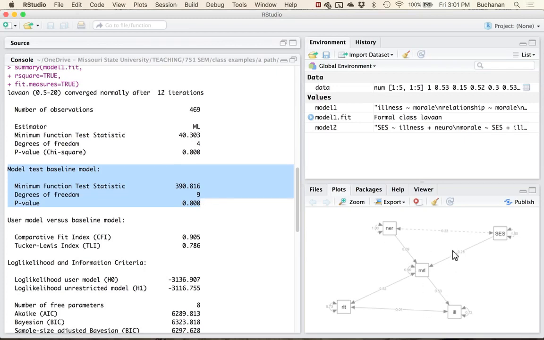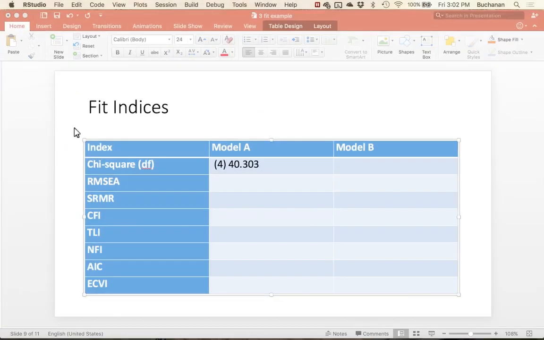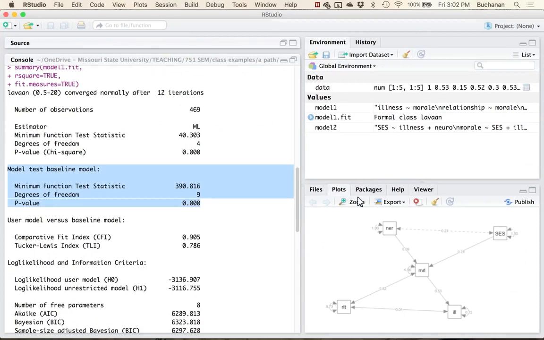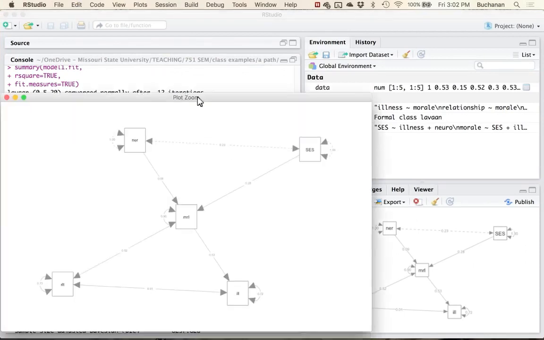So it considered the four paths here, and then 5 paths here, and that's where the degrees of freedom came back. Okay. So it gave us back 1, 2, 3, 4, and I think it's estimating something else. We'll zoom out here.